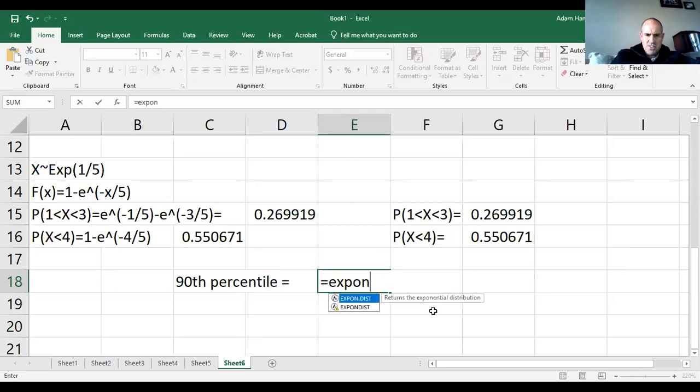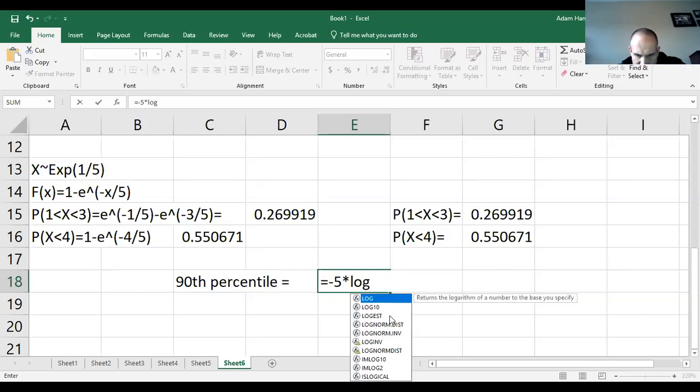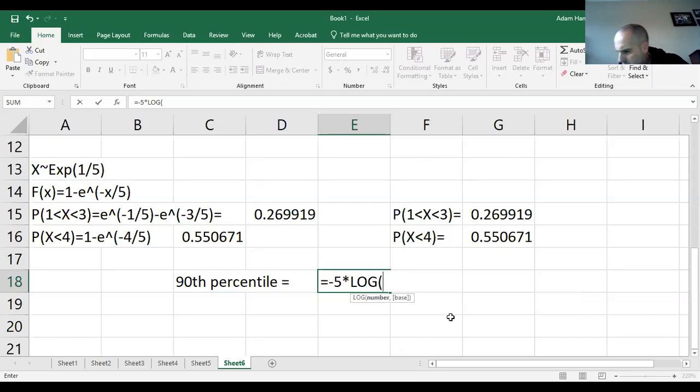But I just wanted to show you something. Okay, so let me say this was equal to negative 5 times the natural logarithm. So log. Let's see. Returns the logarithm of the number to the base you specify. So log number. I wanted the logarithm of 0.1, and what's the base?